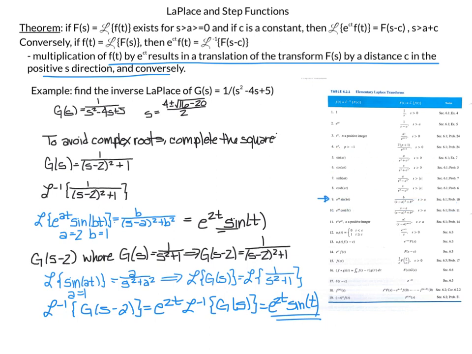So this is good for two reasons. One, you can see how this formula is derived, and two, someday you're going to get some function that doesn't fit neatly into any of these at all, and you're going to have to know how to think about it in terms of translation. So this is an example of how you can think of these in translations and modify your function so you can use this theorem and then get an answer.